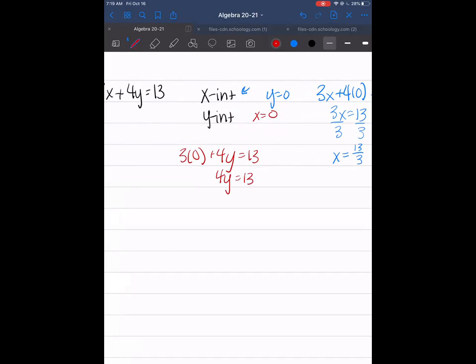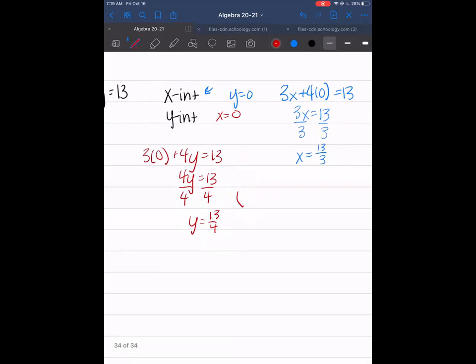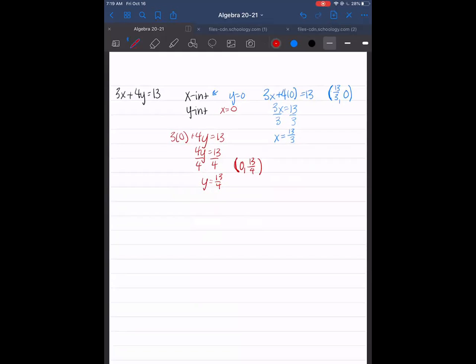I'm going to divide by 4 on both sides. y equals 13/4. So my ordered pair for my y-intercept would be 0, 13/4. Sometimes the numbers will come out prettier, but that is how you can find the two intercepts, and then you can plot those 2 points and draw a line to connect them, and that is how you graph using standard form.